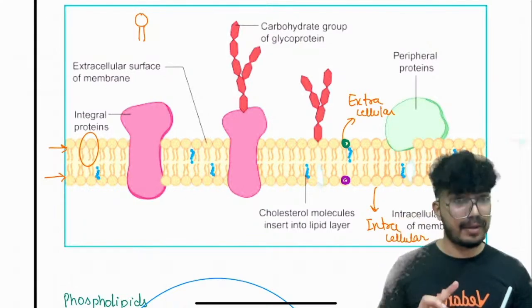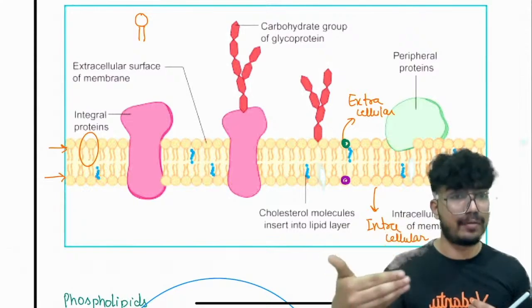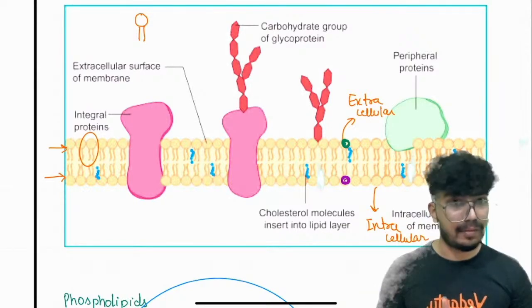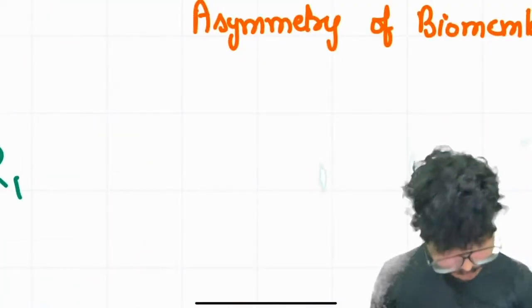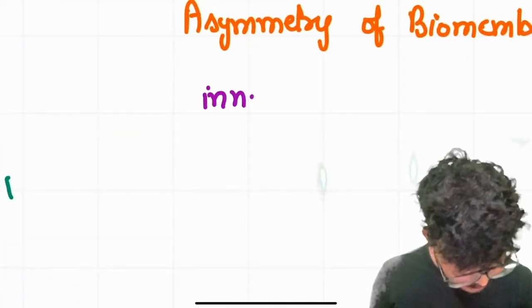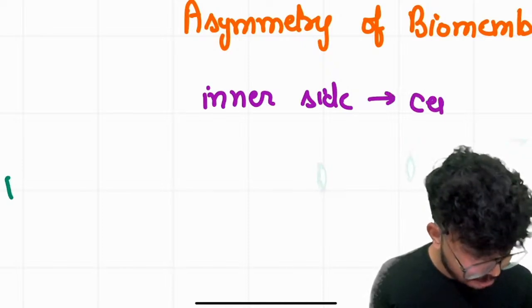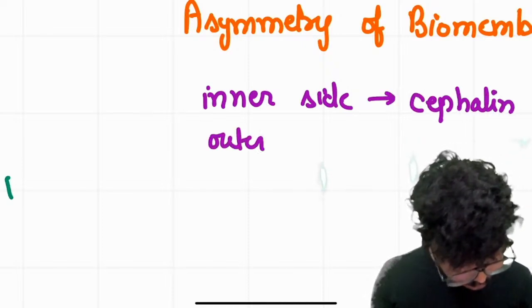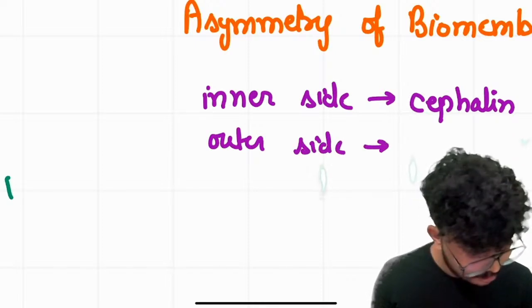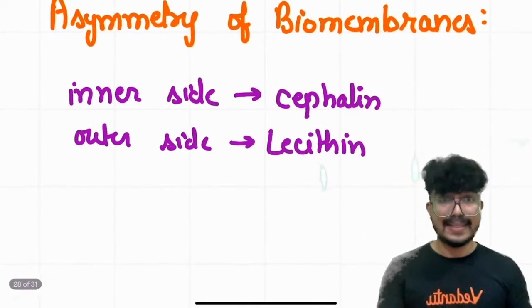So different types of phospholipids are present on the two different sides of the plasma membrane. This shows that it is asymmetric. For example, on the inner side you have the phospholipid cephalin, and on the outer side, you have lecithin. So that is one example of asymmetry.